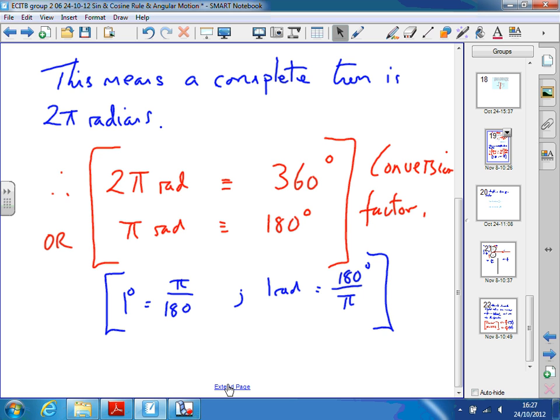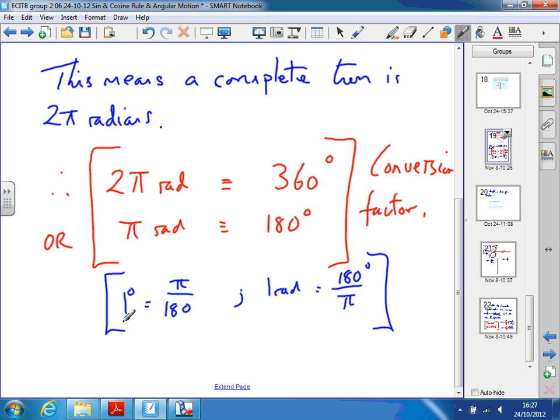Really, all you need to do is remember this, that 2 pi radians is equivalent to 360 degrees. Once you've got that knowledge in your head, you automatically know then that pi must be 180, and then it's a case of understanding where this comes from. If 180 degrees is pi, then 1 degree you must divide pi by 180. And to go the other way, from radians to degrees, it's the other way, 180 divided by pi.